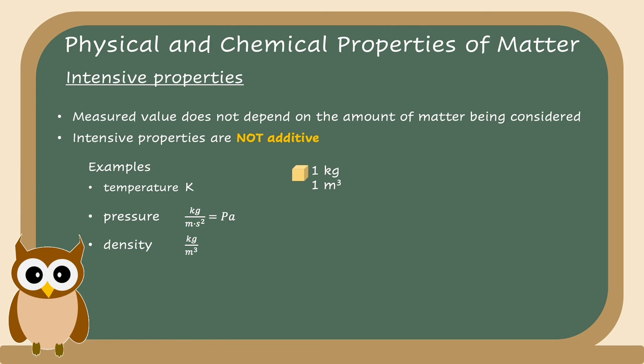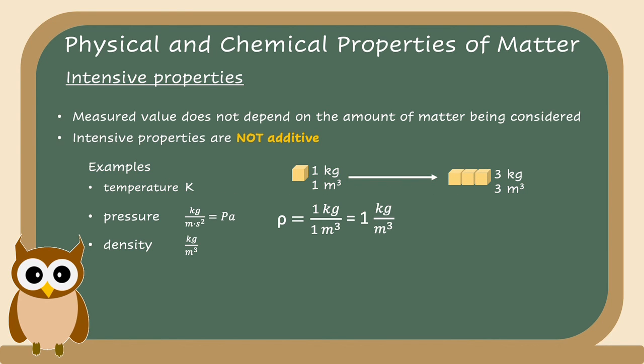Let's start with density. If I had a box measuring 1 cubic meter and weighing 1 kilogram, its density would be mass divided by volume, which gives us 1 kilogram divided by 1 cubic meter, giving us a density of 1 kilogram per cubic meter, obviously.